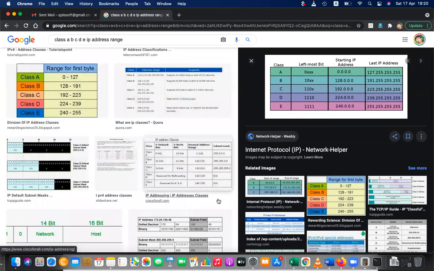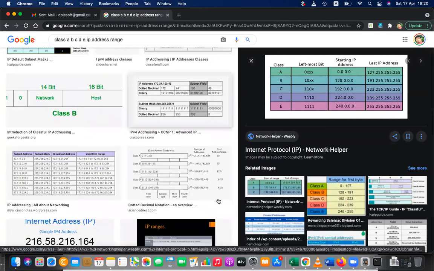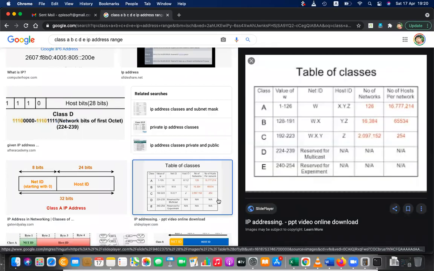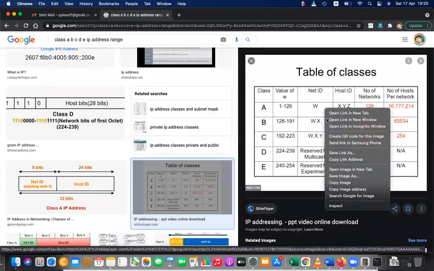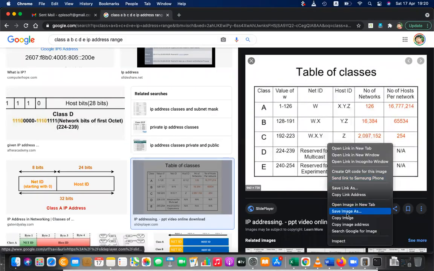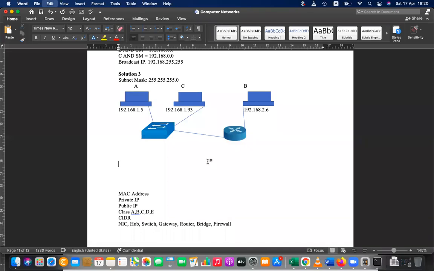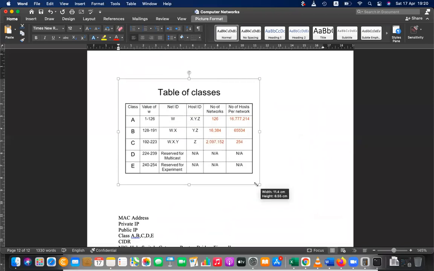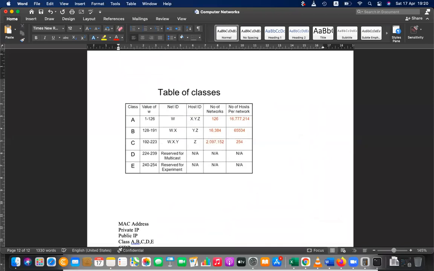Okay, let's use this one. I'm going to use the same table that I have copied from the internet. And let's see how these addresses are allocated.